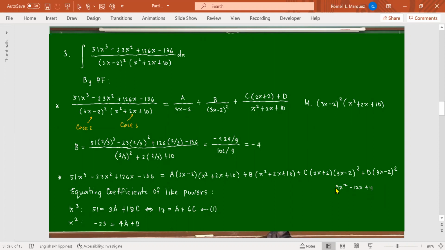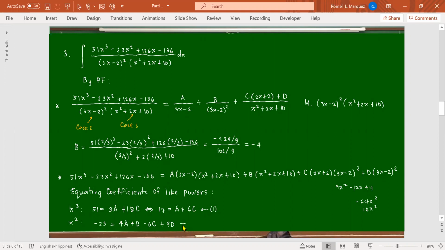When this is multiplied here, cubic, multiplied, negative 24x squared, and then another one, when this is multiplied here, 18x squared. So this is negative 6C. What about here? 9D. Okay?